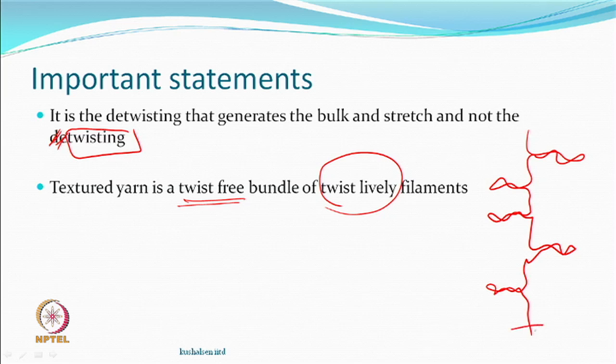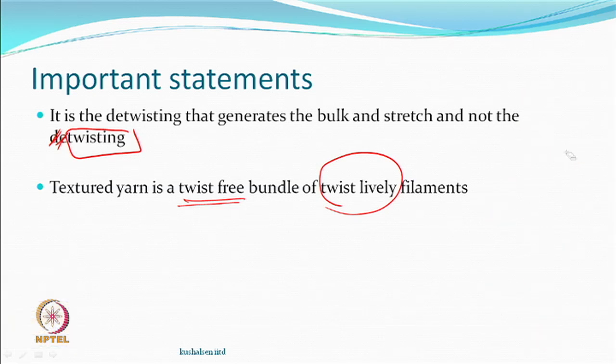So, you can stretch, this whole thing opens and so on and so forth, but now we would rather believe that there is liveliness not because of twist, but because of maybe some structure like this, all right.